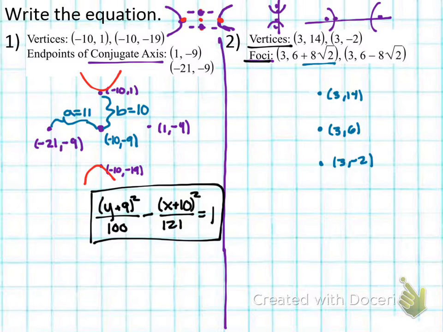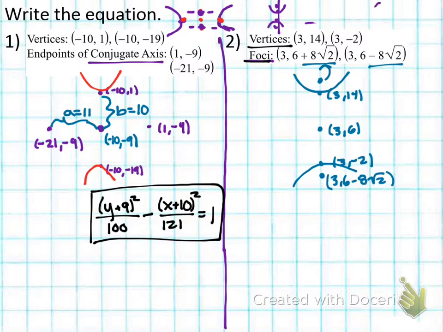And then I could calculate this 8√2 part for the foci, but I know, again, that if my hyperbola looks like this, these are the vertices, so it's going to be on top and bottom. That means the focus points are inside, so they're roughly there. Okay, this top one is this right here, and then the bottom one would be 3, 6 minus 8√2.